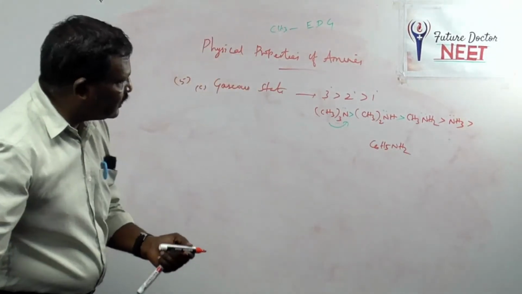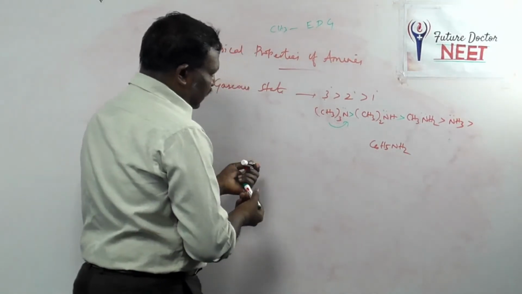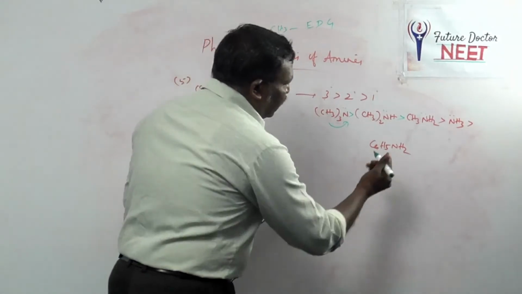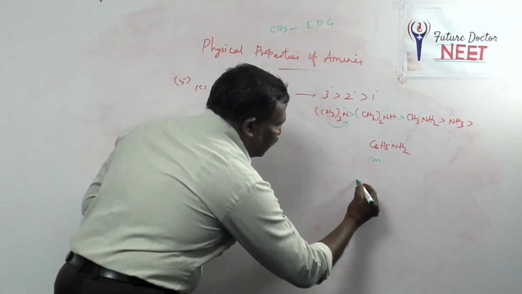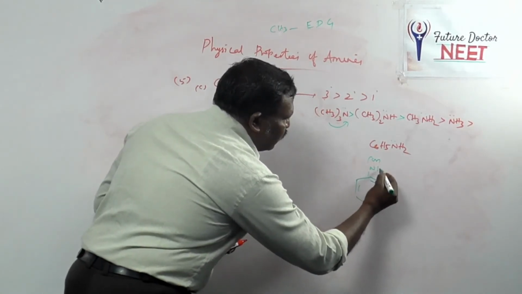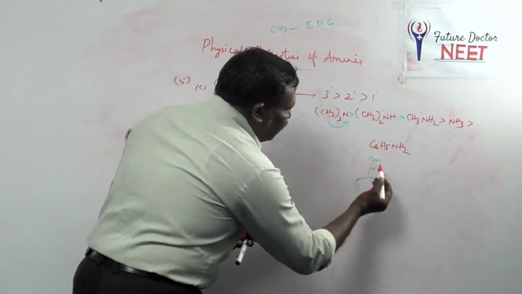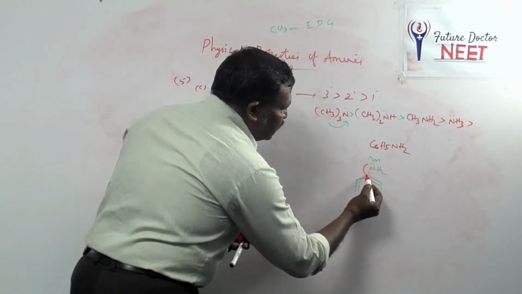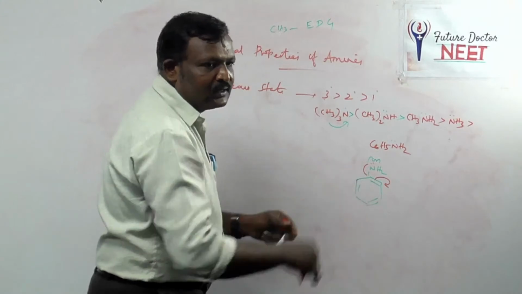So just remember when we compare aliphatic amine and aromatic amine, see now here also there is a lone pair of electrons, no? This one I write in another way, NH2, no? These lone pair of electrons are used to shift the bond within the benzene ring. It undergoes resonance.